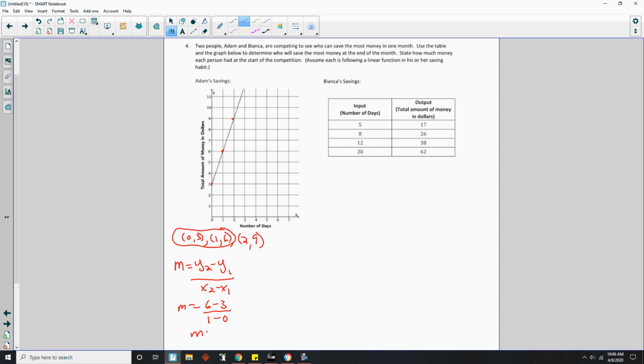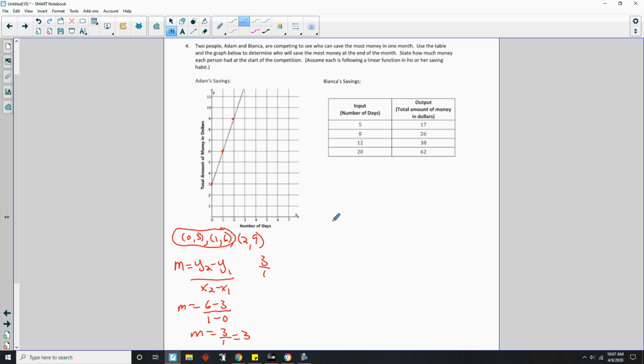So that is going to give us a slope of 6 minus 3, which is 3, and 1 minus 0, which is 1, and 3 divided by 1 is 3. If I did the same with this, 9 minus 6 is 3, 2 minus 1 is 1, 3 over 1 again, so the slope between those two. So he's got a rate of change in money of $3 per day.